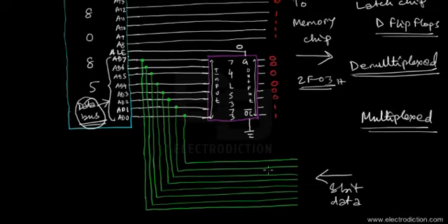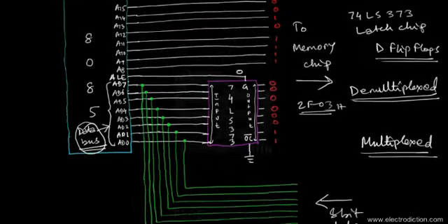So we need another parallel connection to the lower order address lines, of course, and at this moment the data is going to enter into the 8085 microprocessor through these green lines, which correspond to the external hardware provision of connecting the 8085's lower order address lines to the data bus of the external memory chip concerned. So there are certain steps involved in this.